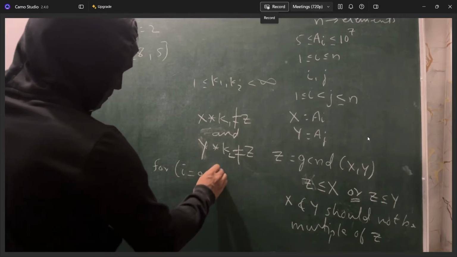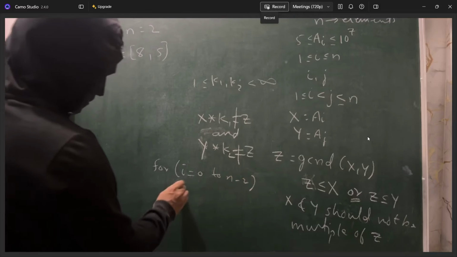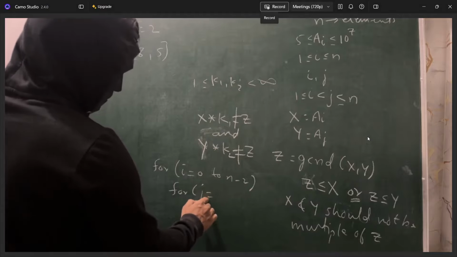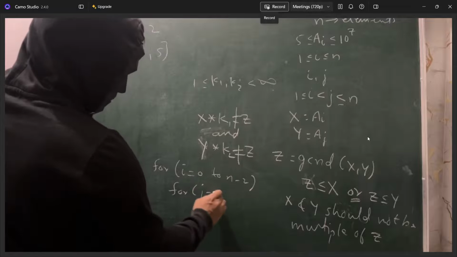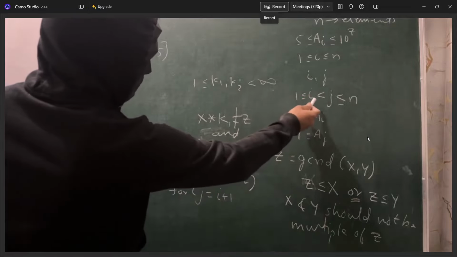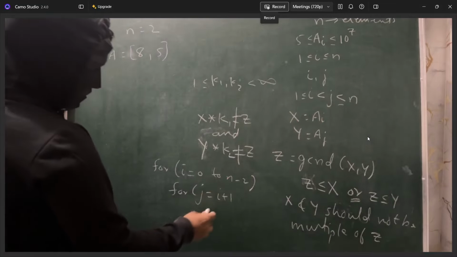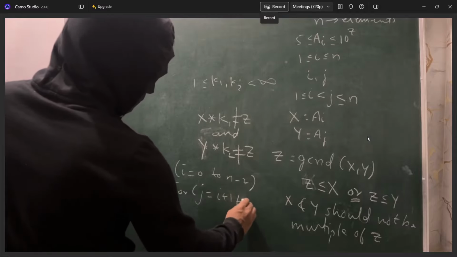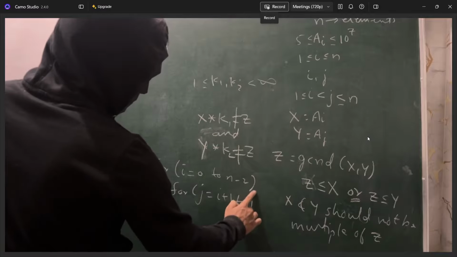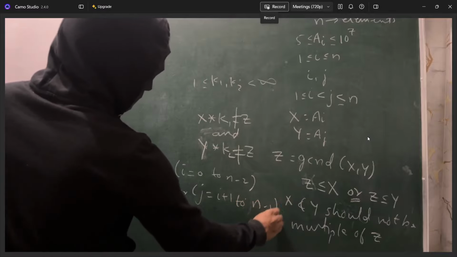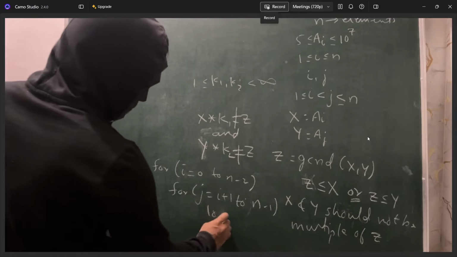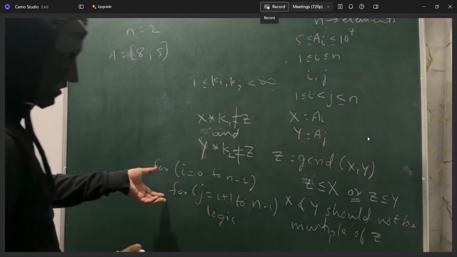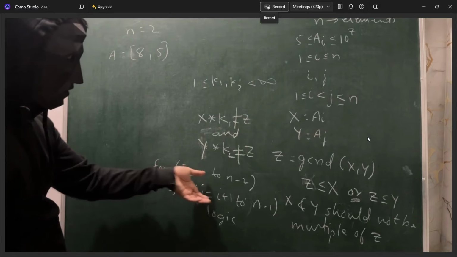Your i starts from 0 till n minus 2, and your j starts from i plus 1, because as asked in the question, j should be greater than i, and j will go till n minus 1. Some logic I'll be writing here, which I'll explain, but this is how you find it in a brute force way.